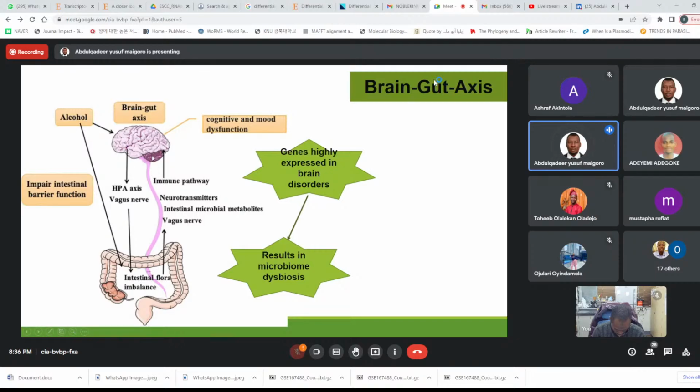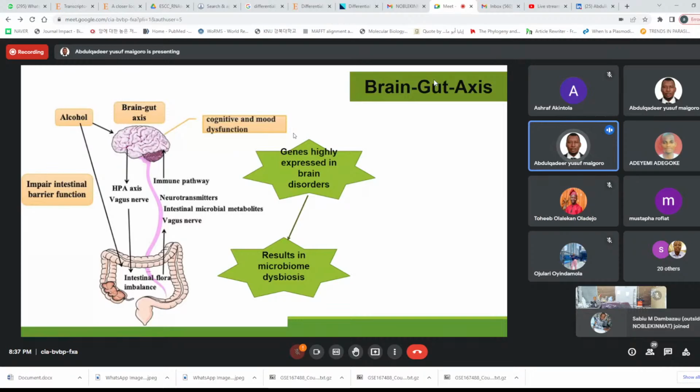So now we need to know, how does the brain on its own influence dysbiosis? That is something that we all know, which is genes, especially those that are highly expressed in the brain. They are one of the markers of some of the brain disorders.